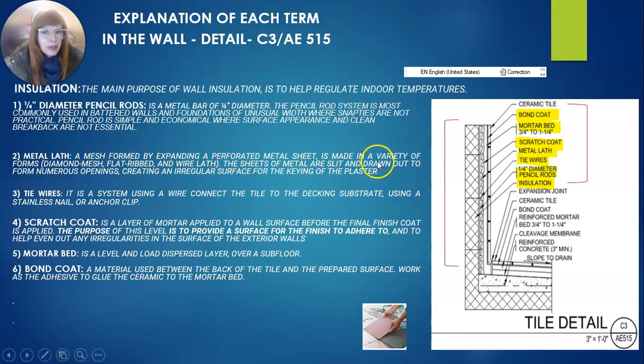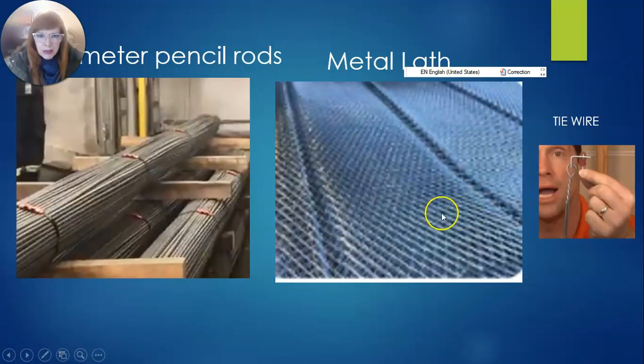It is made in a variety of forms, and the sheets of metal are slit and drawn out to form numerous openings, creating an irregular surface for the keying of the plaster. This is the metal lath. Okay, it is really very irregular.